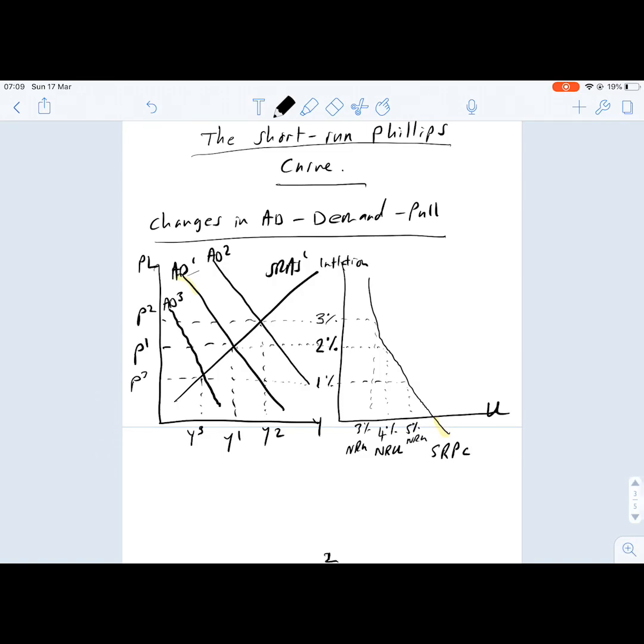So here unemployment has increased from 4% to 5%, therefore less people have disposable income, less people will be demanding products, demand for products will fall, firms will have to respond according to economic theory by decreasing their selling price, so the average price for goods and services will decrease from 2% to 1%.